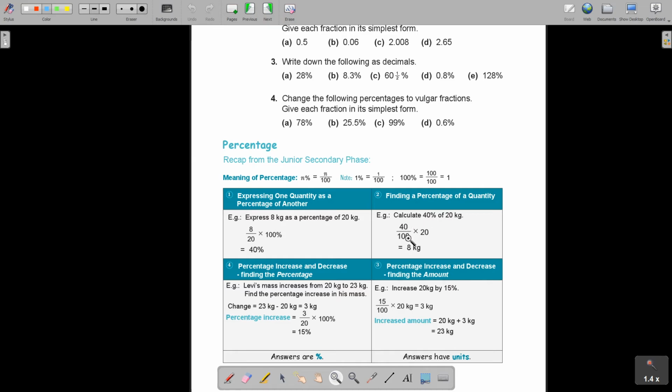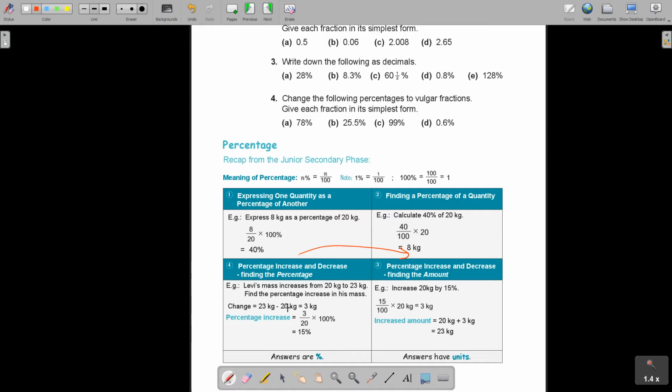That percentage means out of 100 times 20. But now, percentage increase and decrease. But this will be if I move forward, not if I reverse back. Okay, so the reason why I put it underneath this one is because if Levy's mass increased from 20 to 23, it's almost like I'm doing this method.